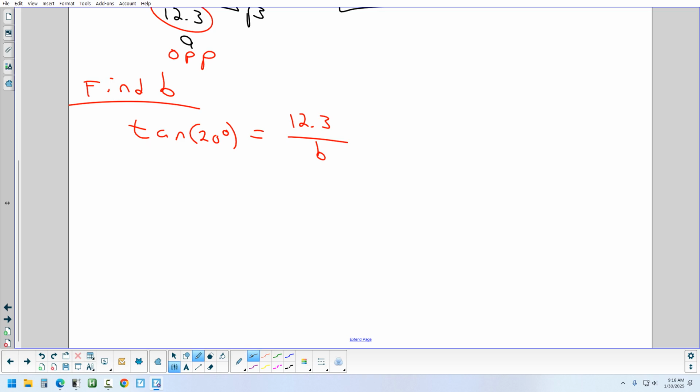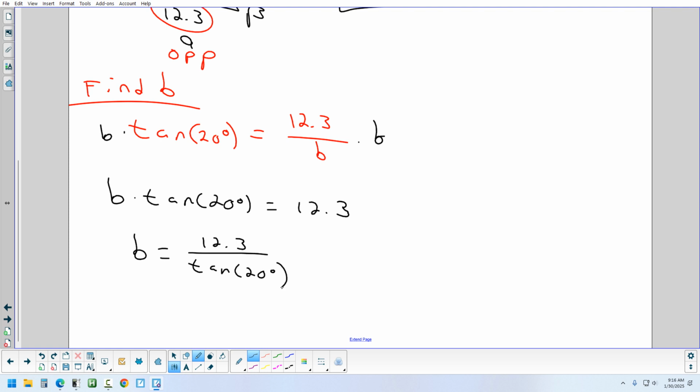If you multiply both sides by B, the B's cancel, and now you have this. And then how would you get tangent of 20 on the other side? Divide both sides by tan of 20, so it's 12.3 over tan 20 equals B.